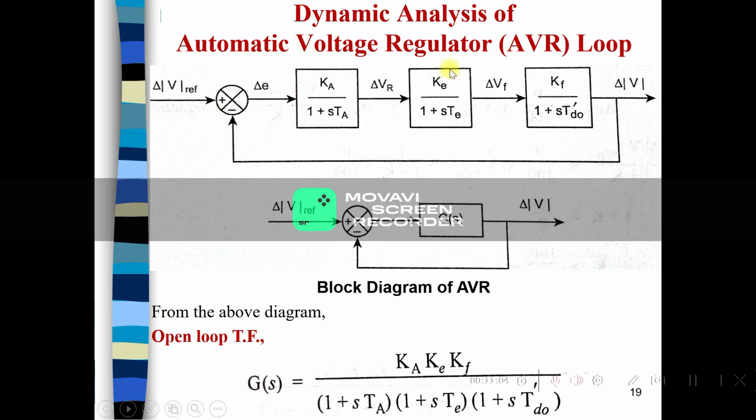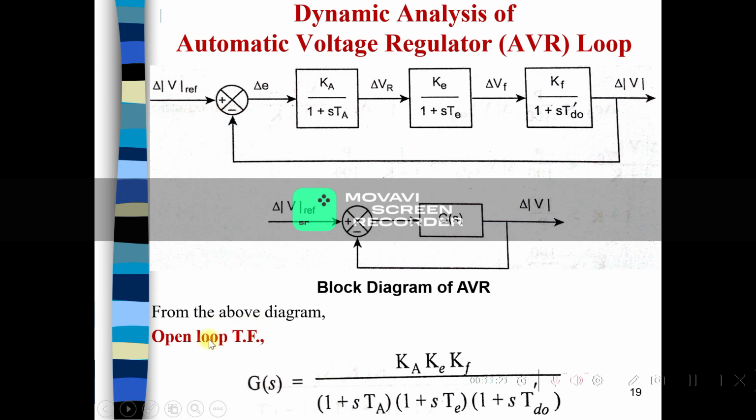Next, dynamic analysis of the automatic voltage regulator using the AVR loop. So the comparator, amplifier, exciter, and then regulator. Finally we can reduce the block diagram of the AVR loop again.